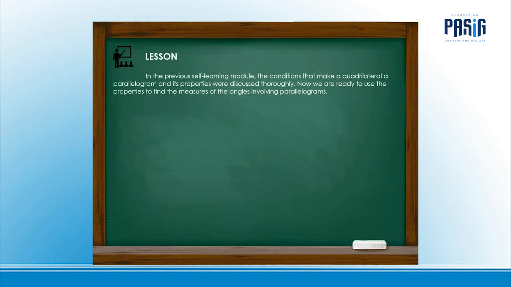Now, let us discuss our lesson for today. In the previous self-learning module, the conditions that make a quadrilateral a parallelogram and its properties were discussed thoroughly. Now, we are ready to use the properties to find the measures of the angles involving parallelograms.